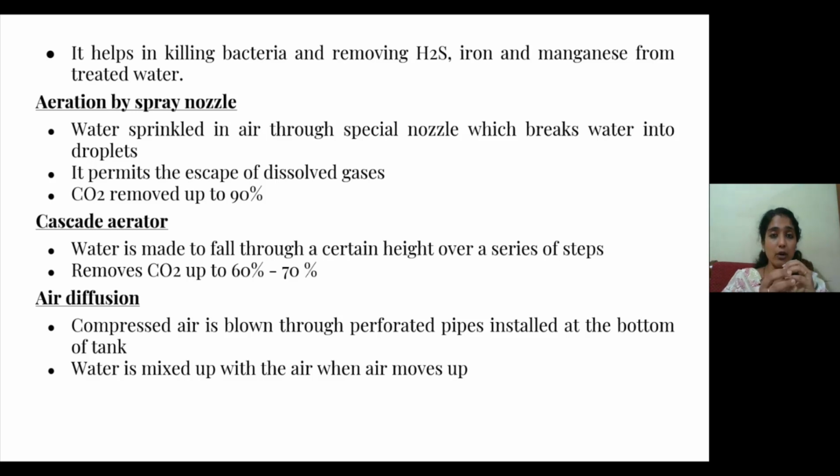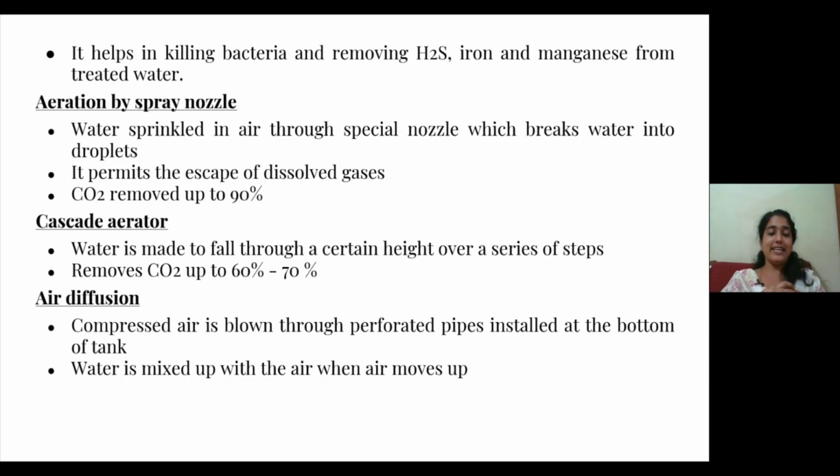Then the area of contact between water and air will be increased. In this method, carbon dioxide removal will be up to 90% because it allows maximum area of contact between water droplets and air. It also permits the escape of dissolved gases, like hydrogen sulfide, H2S.